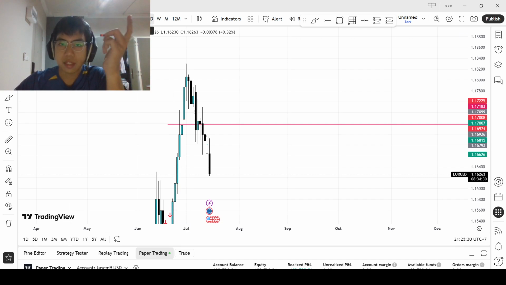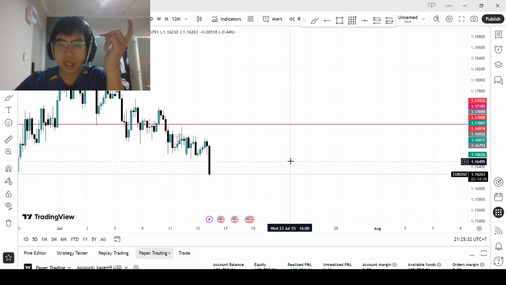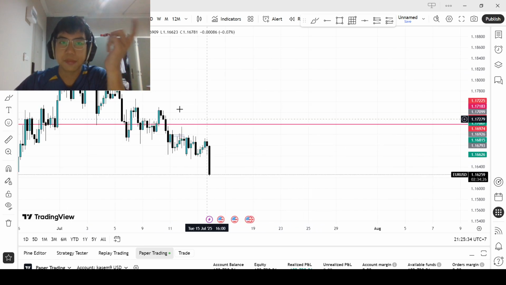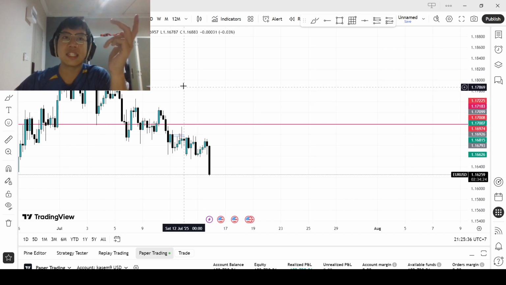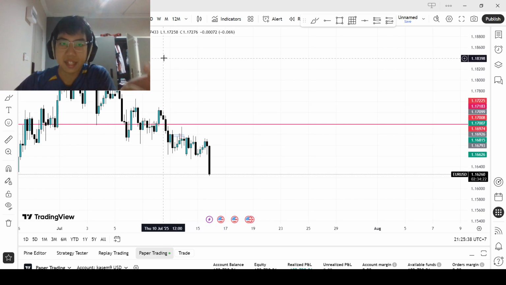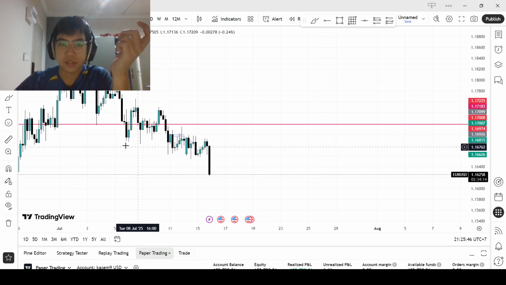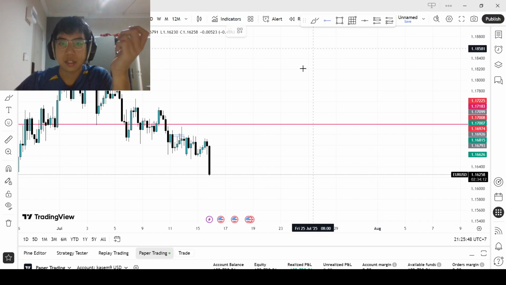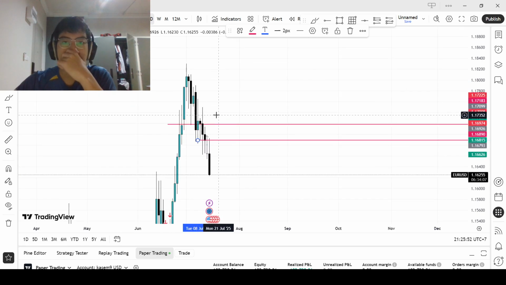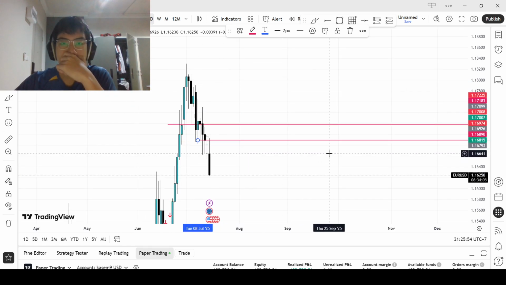Scale back down to the 4-hour, we see a break of structure as well, which is just an expansion of the break of structure on the daily, so that is bearish as well. And break of structure here, break of structure here, daily.